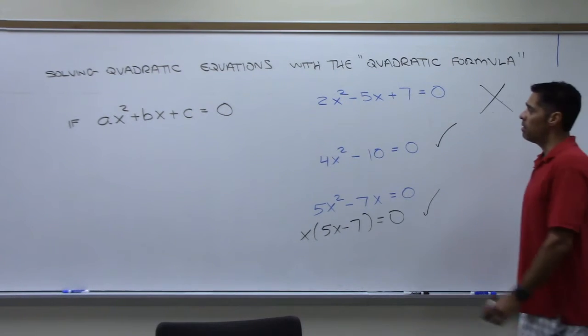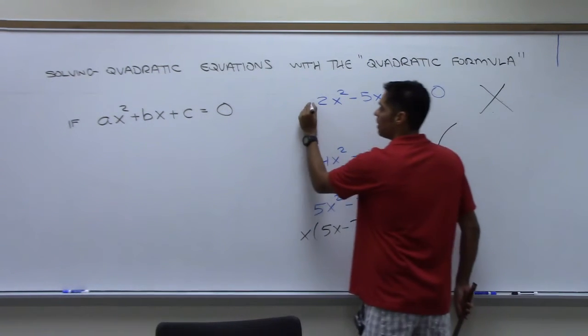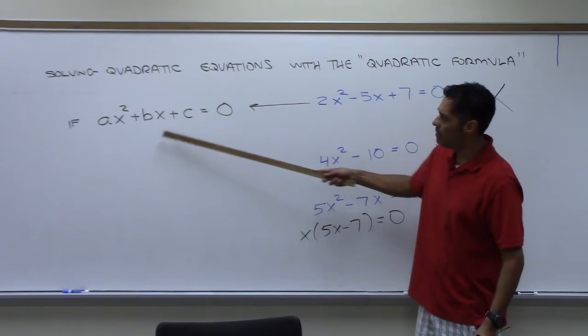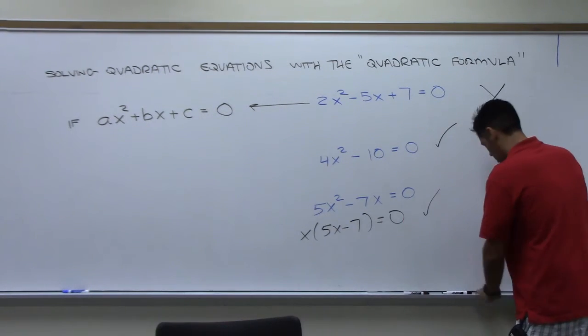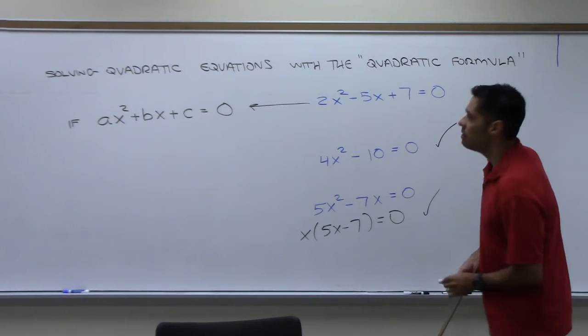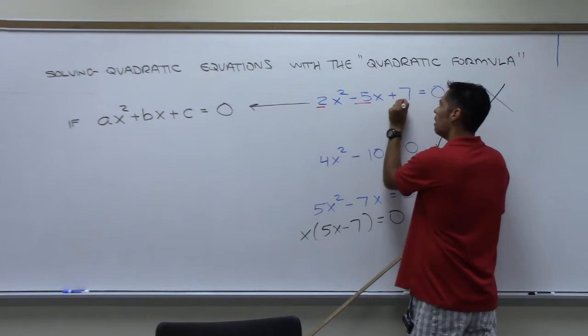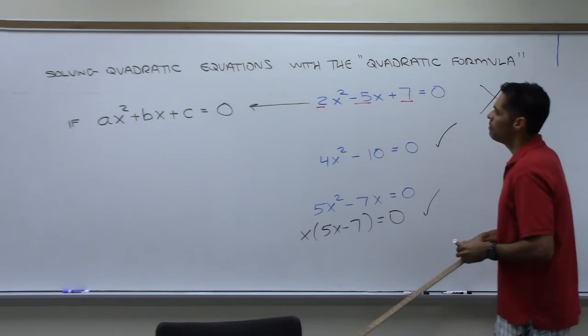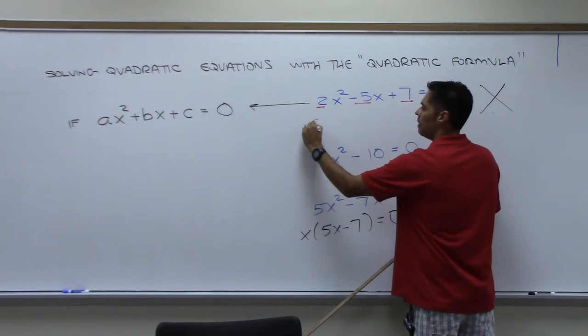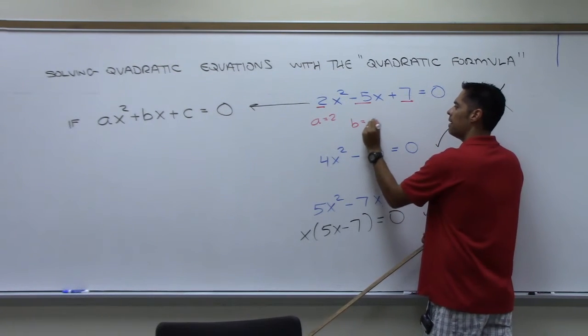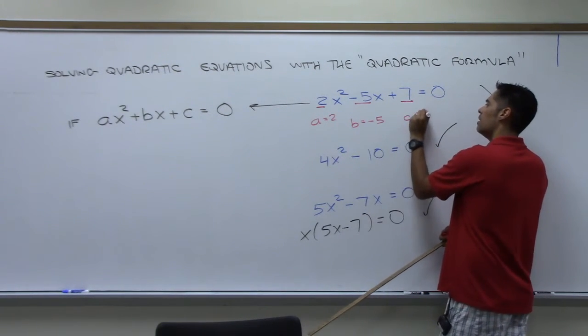So what we want to be able to do is solve something like this, and you can do it with this. Notice that the A, B, and the C are just the numbers in front of the x's and then the number by itself. So here A is 2, B is what? -5, and C is 7.